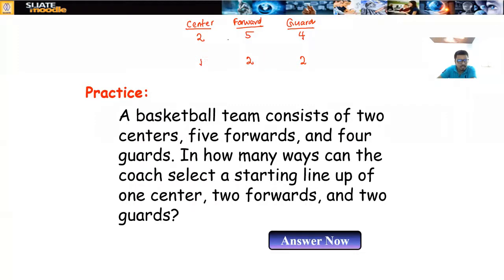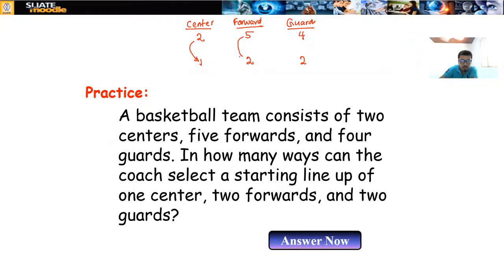What are we doing here? Are we selecting or are we arranging? Out of these 2, are we arranging one or selecting one? Out of these 5, are we selecting or arranging? Selecting. Yes, we are selecting. Out of these 2, we need to select 1.